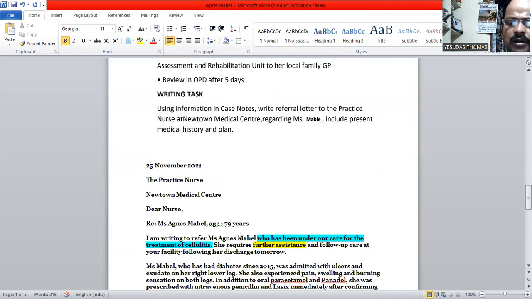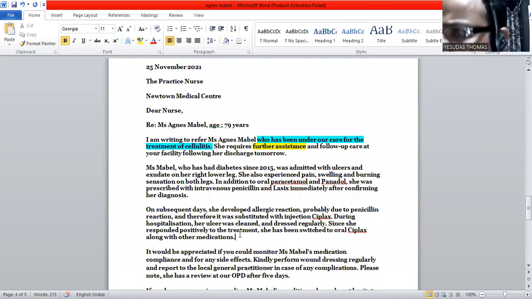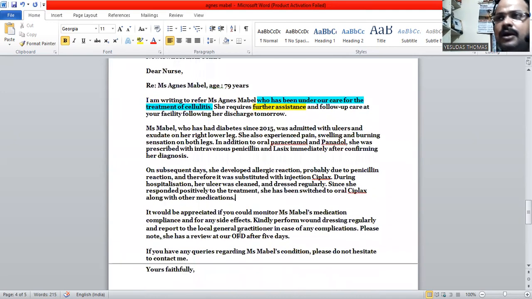So here, we just go with the regular medications. She has been taking medications for diabetes too. She's been taking medications for osteoarthritis too. So right now in this particular case, we don't deal with that.